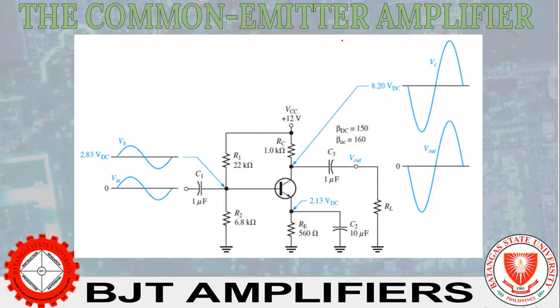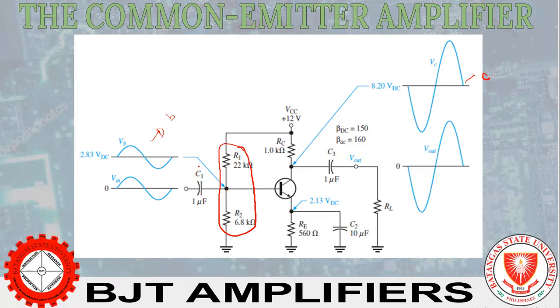So, this figure or this schematic shows the common-emitter amplifier with a voltage divider bias. Okay, so voltage divider bias. Makikita natin, ang input natin is here, nasa base tayo, and then nasa collector yung ating output.